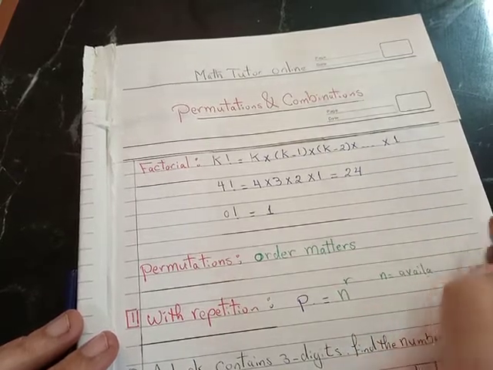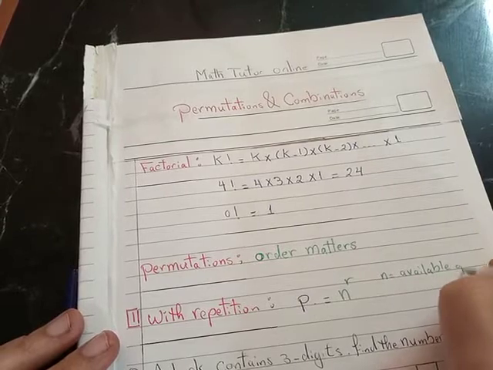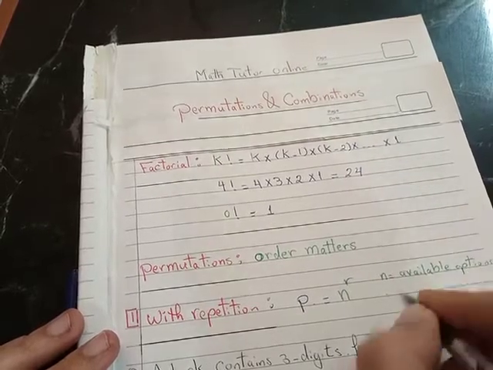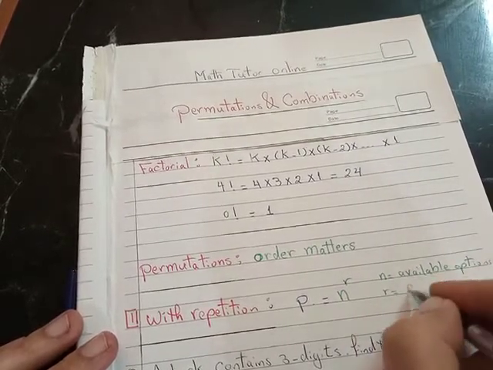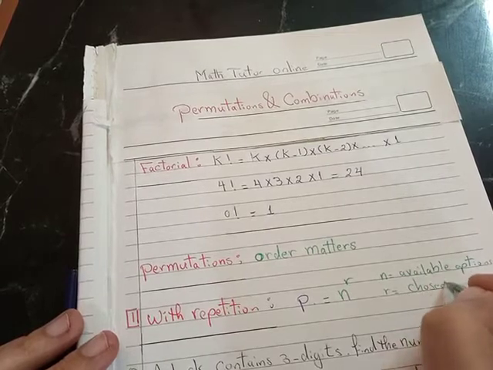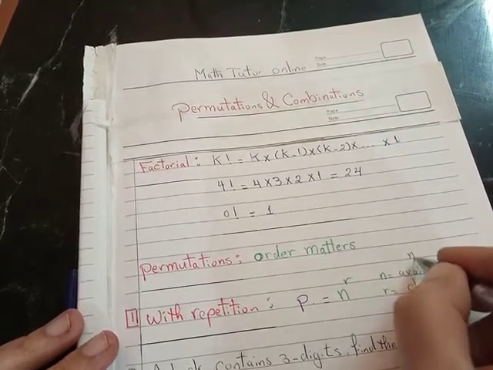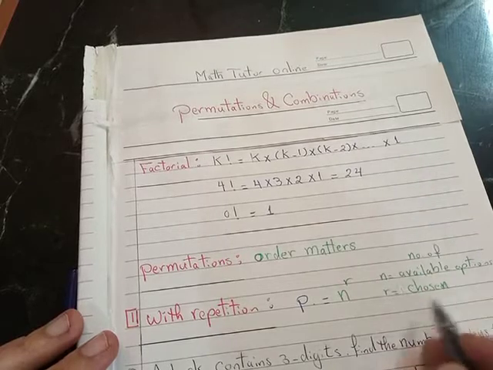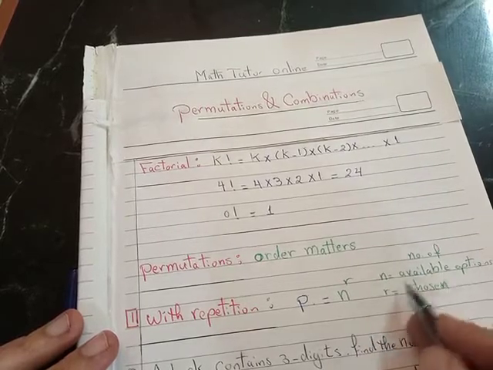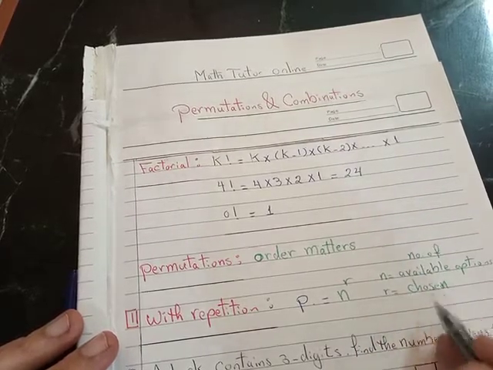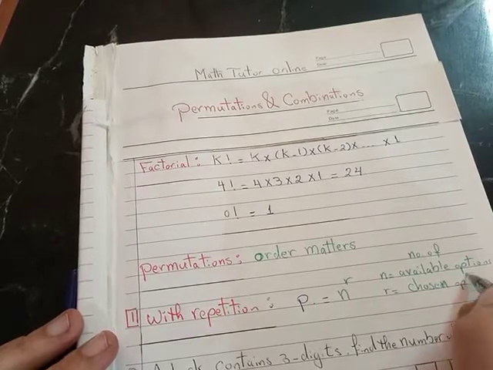N is the number of available options. R is the number of chosen options.